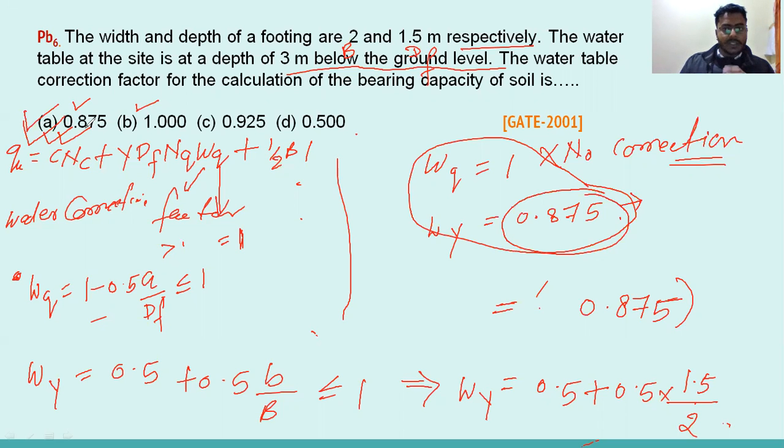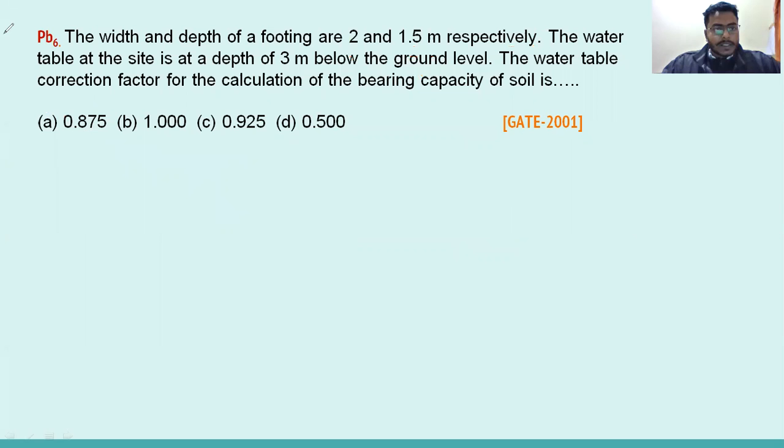WQ is the correction factor for the second term, when there is an overburden pressure, gamma DF and Q. And W gamma is the correction factor for the third term, right? So always remember all these things.